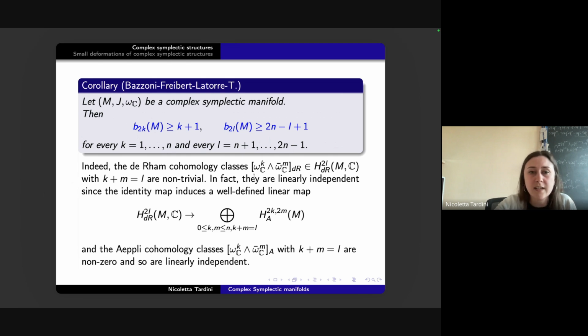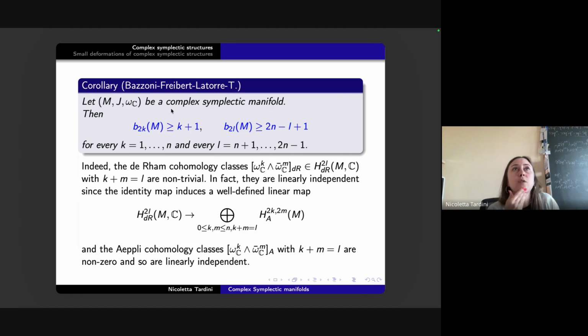Okay, so these cohomology classes are non-trivial, but I didn't say this before, on every complex manifold there is a natural map, induced by the identity, that relates the de Rham cohomology to the Aeppli cohomology. Okay, so you have a map from H^2l de Rham to this direct sum of H^(2k,2m) of Aeppli, okay? And these cohomology classes are all non-trivial in Aeppli, so this means that they are linearly independent in the de Rham cohomology, okay? So that's why you have this inequality on the Betti numbers.